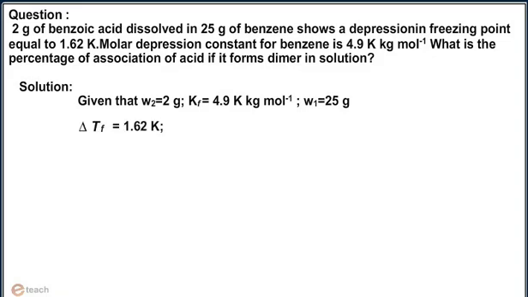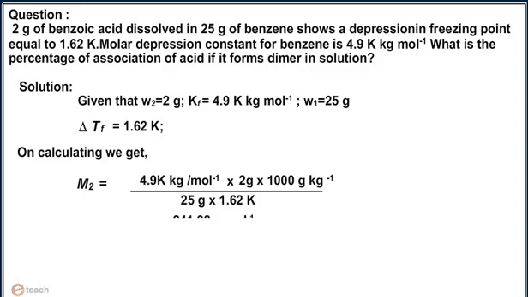Therefore, total number of moles of particles at equilibrium is 1 minus x plus x by 2, that is equal to 1 minus x by 2.